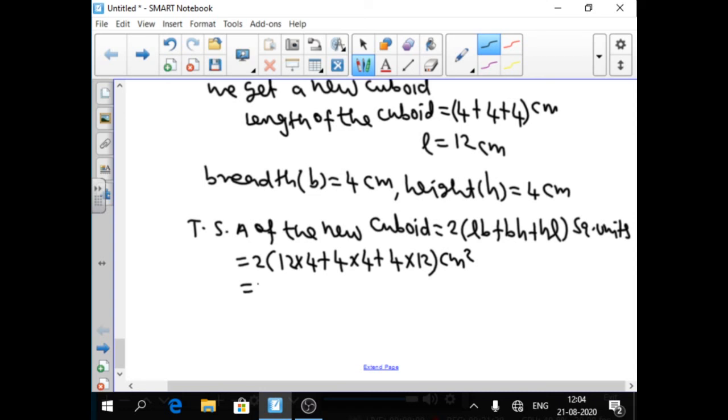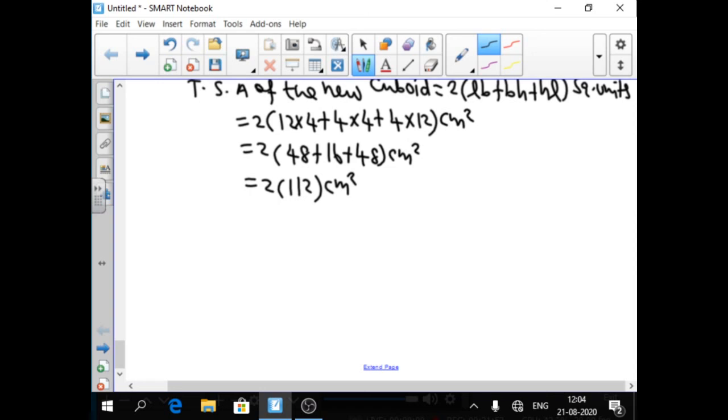Just multiply the values: 12 fours are 48, plus 4 fours are 16, plus 4 12s are 48. Adding, 48 plus 48 is 96, 96 plus 16 is 112 centimeter square. Multiply 2 into 112 is equal to 224 centimeter square.